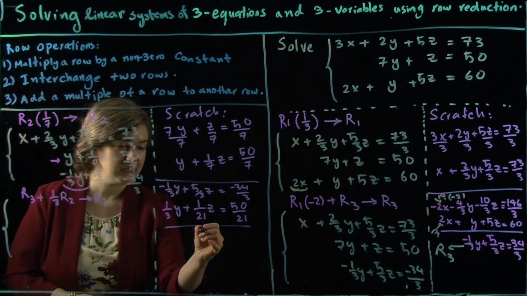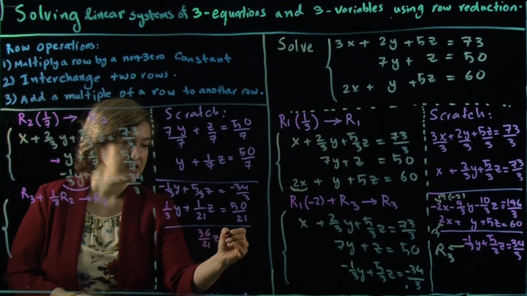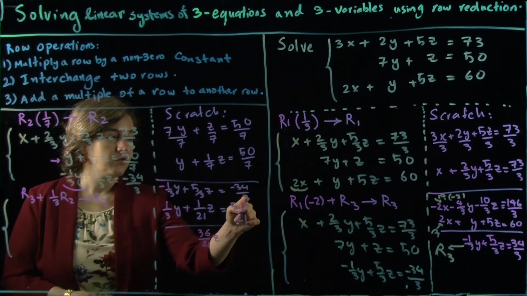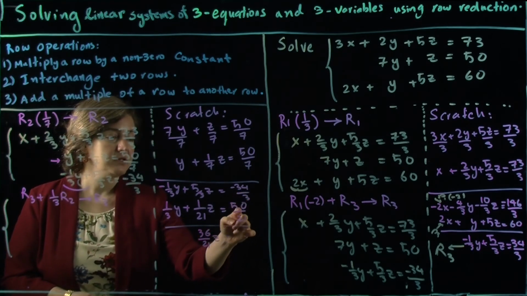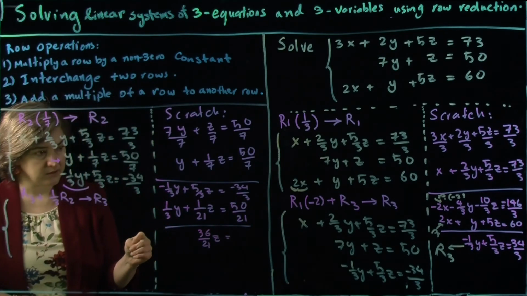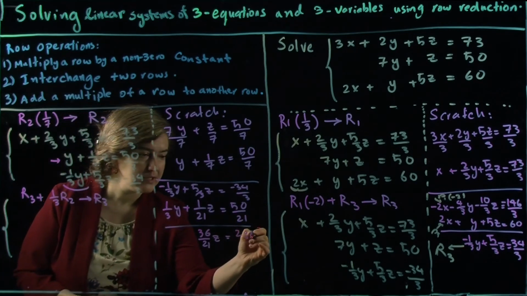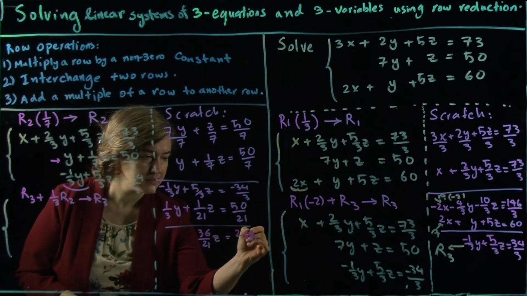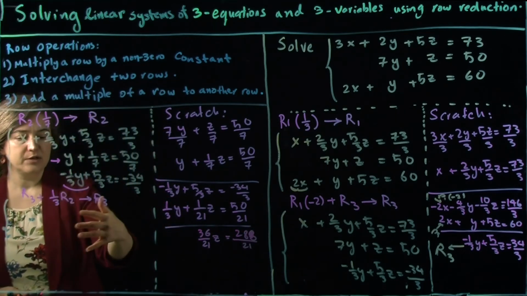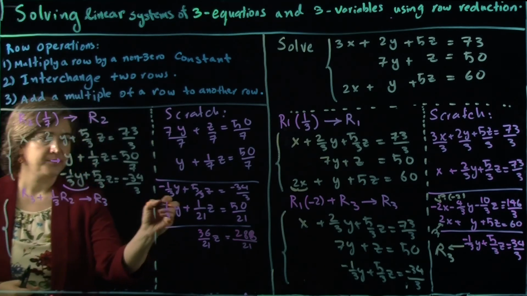That's 36/21 z is equal to, now, negative 34 divided by 3 plus 50 divided by 21. That becomes 288/21. So if I rewrite this entire thing, this is what we get.